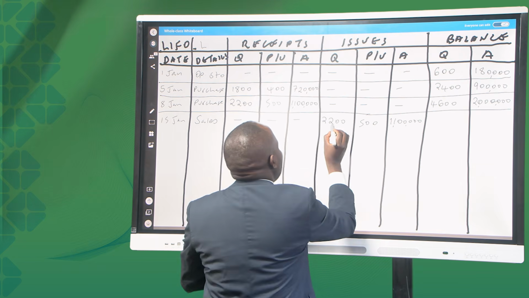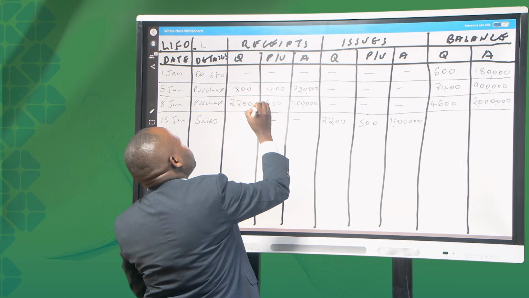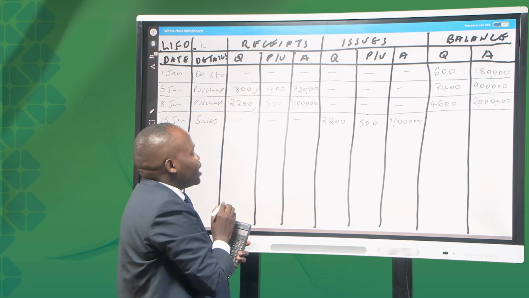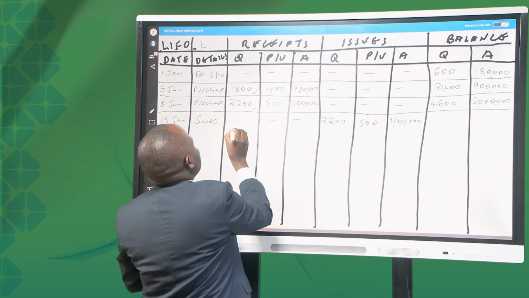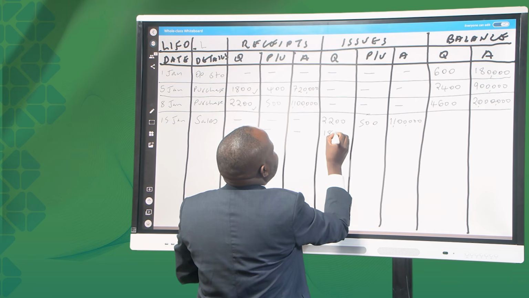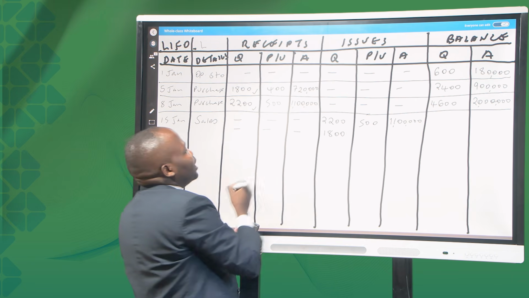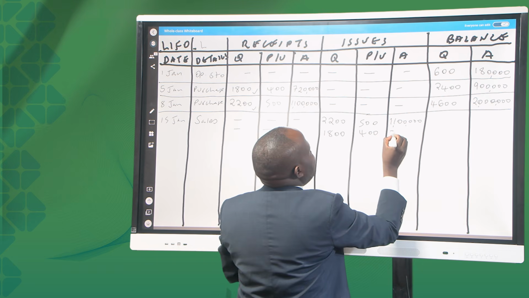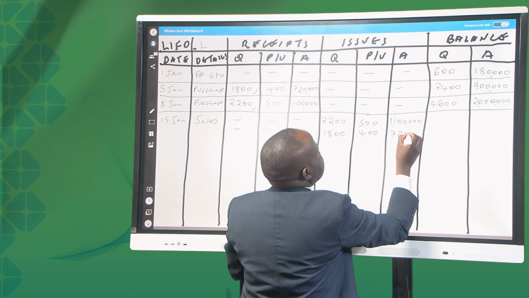We have issued 2,200, so we are finished with that. We next go and issue going up the ladder: 1,800 at a price of 400 to give us 720,000.